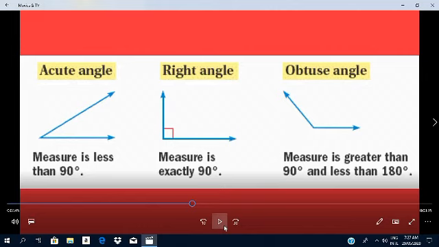But a right angle triangle, you see the triangle forming an L-shaped perpendicular line. While obtuse, the measurement of one angle is always greater than 90 degrees but less than 180 degrees.